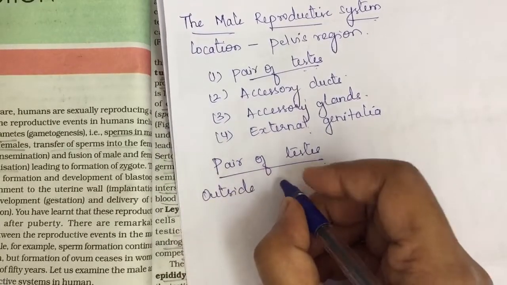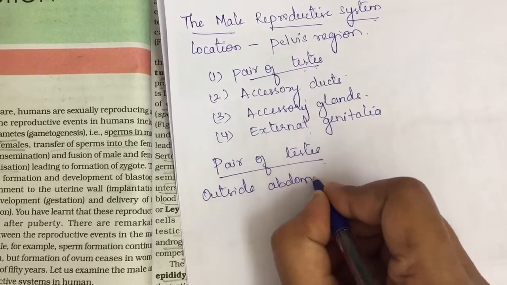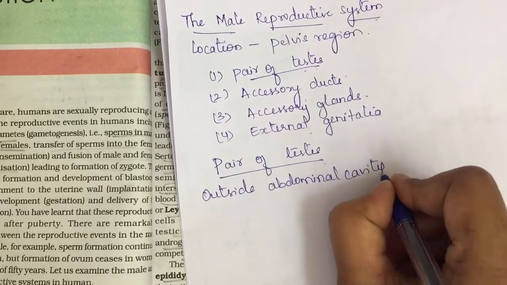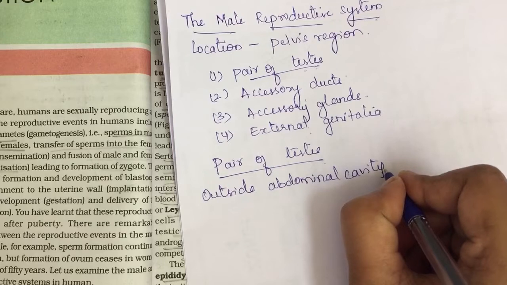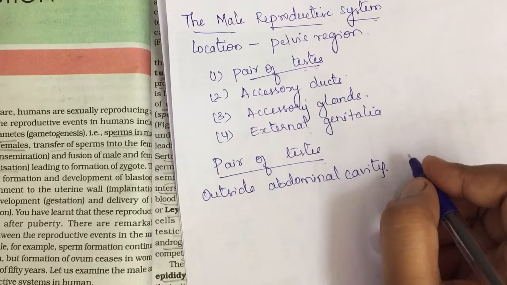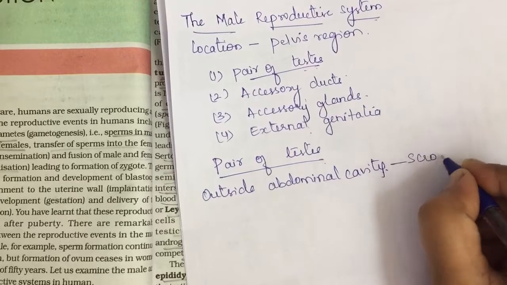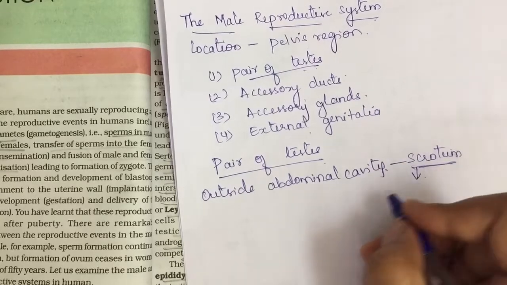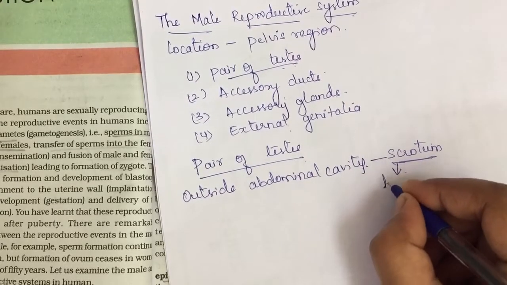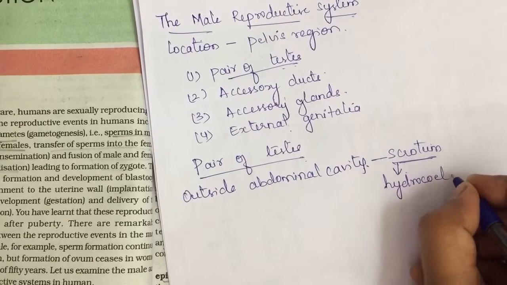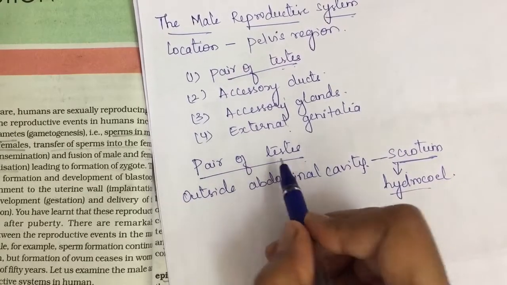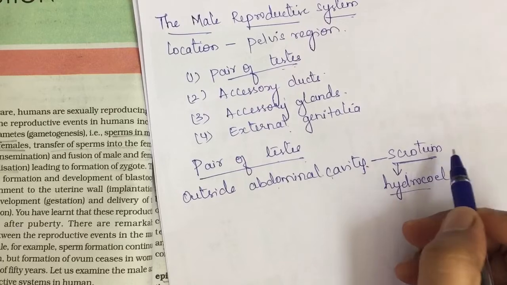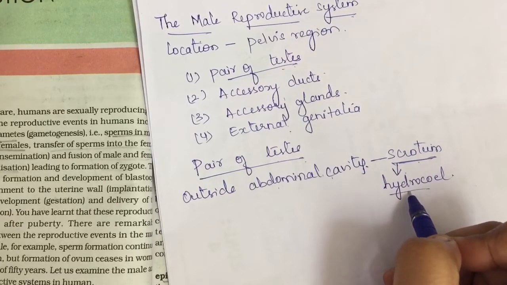Above and outside of the abdomen, you can find these testes present within a pouch called the scrotum. This scrotum is filled with a fluid called hydrocele. So the testes are present outside the abdominal cavity, within a pouch called the scrotum, and the scrotum contains a fluid called hydrocele.